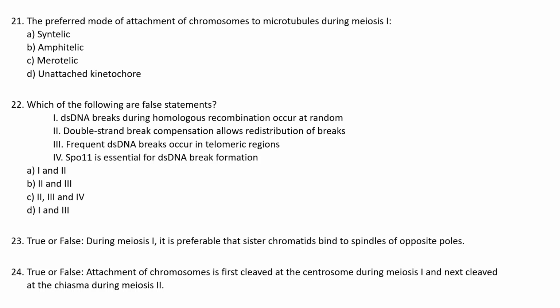And in the next one, because we're separating sister chromatids of a single chromosome, it is cleaving at the centrosome, just like in the case of mitosis, right? So this is false. Question number 24 is false. It's actually the other way around. Attachment of chromosome is first cleaved at the chiasma during meiosis 1 and at the centrosome during meiosis 2. Okay. So I hope that is clear for everyone.